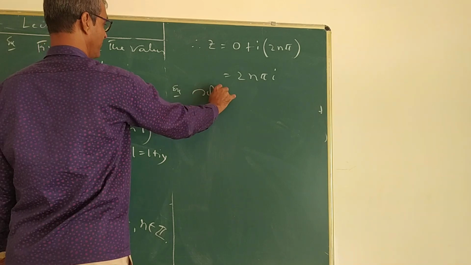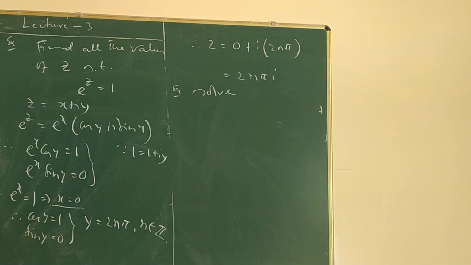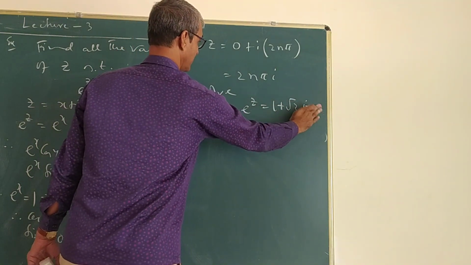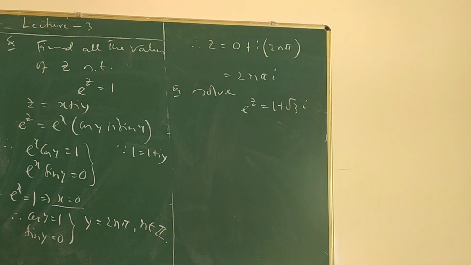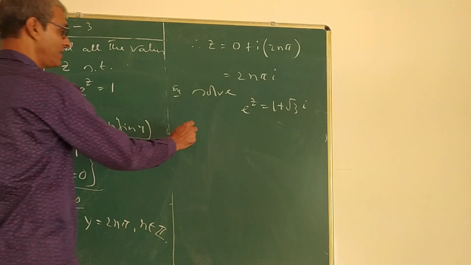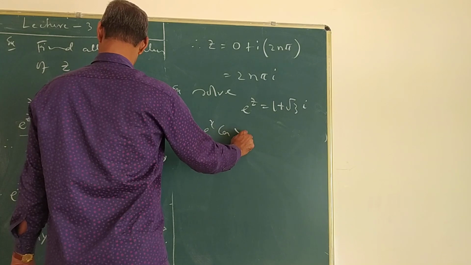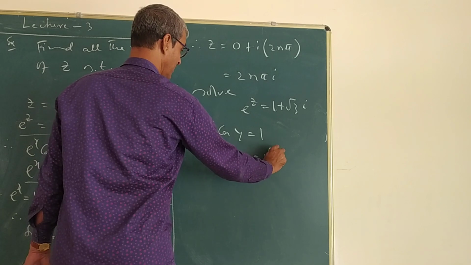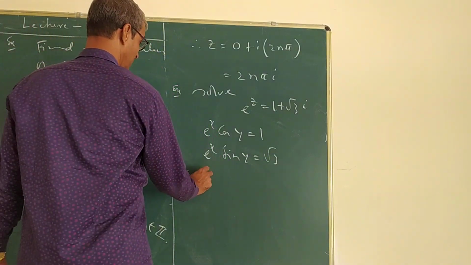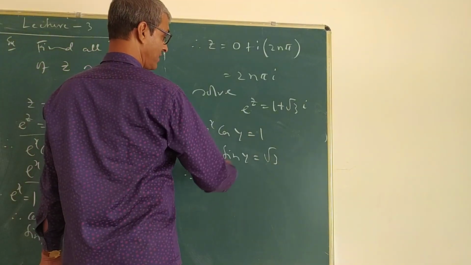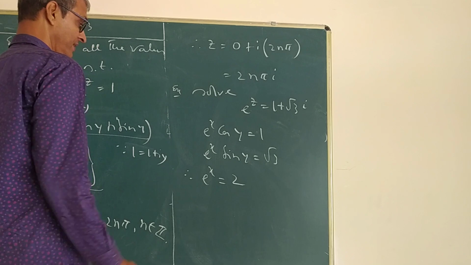Another example: e to the power z equal to 1 plus root 3 i, a different complex number. Same process. Here e to the power x cos y will be 1 and e to the power x sin y will be root 3. Solving this, adding the square of this and the square of this, you get e to the power 2x equals 4.